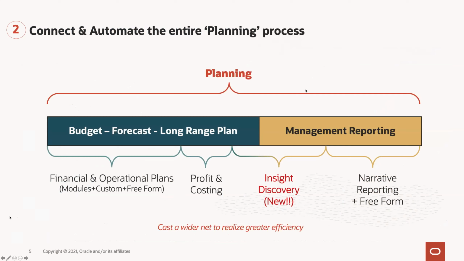If you're just looking at a workforce plan, or just a CapEx plan, or your expense plan, or your revenue plan, that's only half the battle. Really look at planning processes in much more of a holistic fashion. Think about everything that needs to be done from the moment you start to the moment you put pencils down. And that really means things like profitability and costing analysis need to be done.